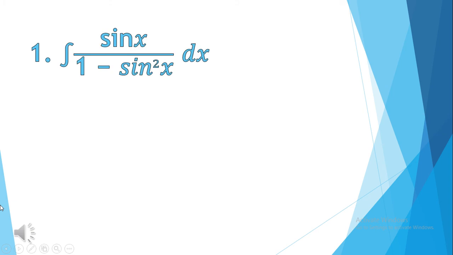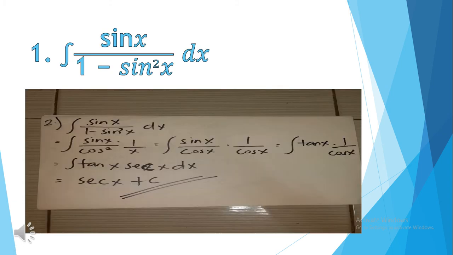Number 1. Integral of sine x all over 1 minus sine squared x dx. All we need to do is rewrite it as the integral of sine x over cosine squared x, which is equal to sine x over cosine x times 1 over cos x. The sine x over cos x is equal to tan x.